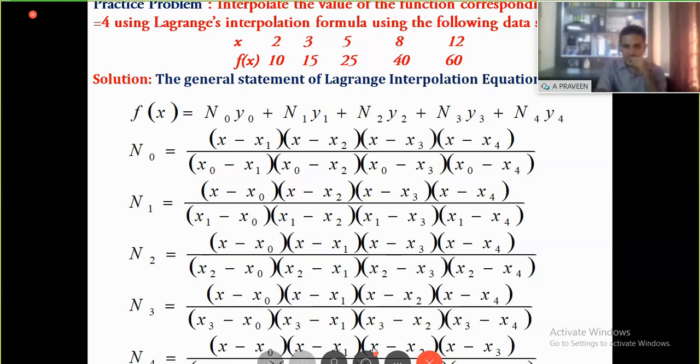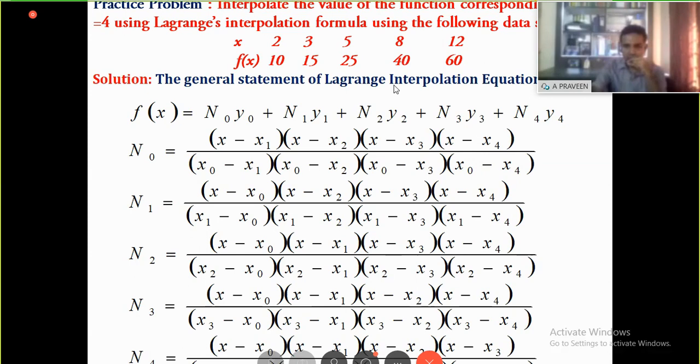The last term x minus x4 is not there; you have every term up to x minus x3. The denominator is (x4 minus x0), (x4 minus x1), (x4 minus x2), (x4 minus x3). So we have a polynomial set giving the general Lagrange interpolation equation for this entire data set.